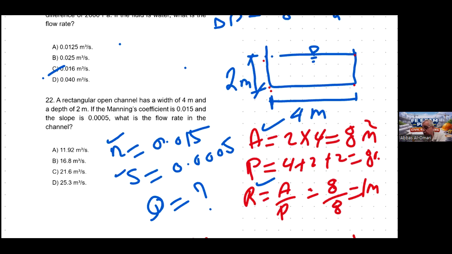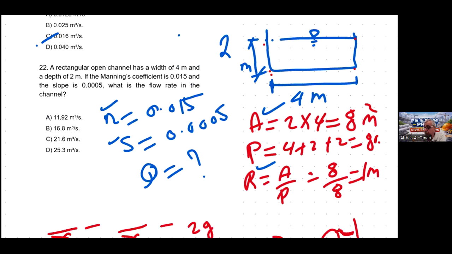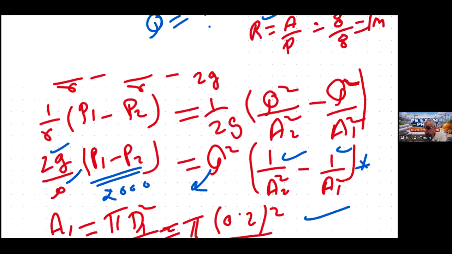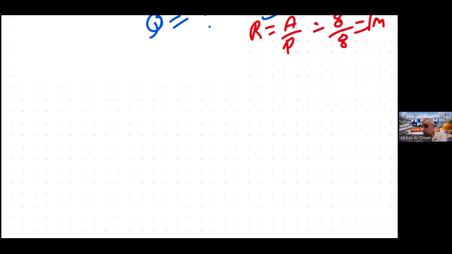So let's apply it. The Manning equation: Q equals 1 over n, A, R to the 2/3, S to the 1/2.